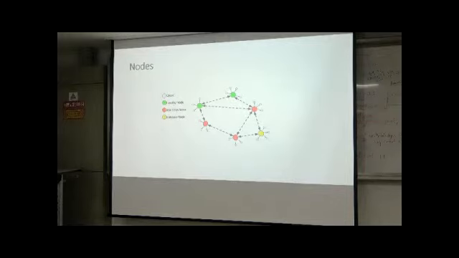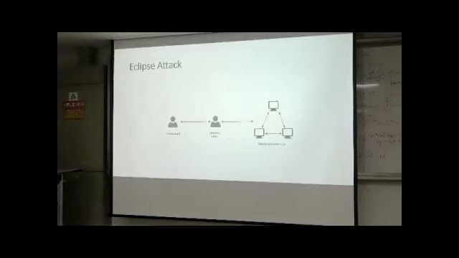I don't get it. What does eclipse node mean? As you know, the malicious node is obvious. Yeah, Eclipse will come in the next slide. Eclipse attack is a kind of node that comes between the victim node and the blockchain network.